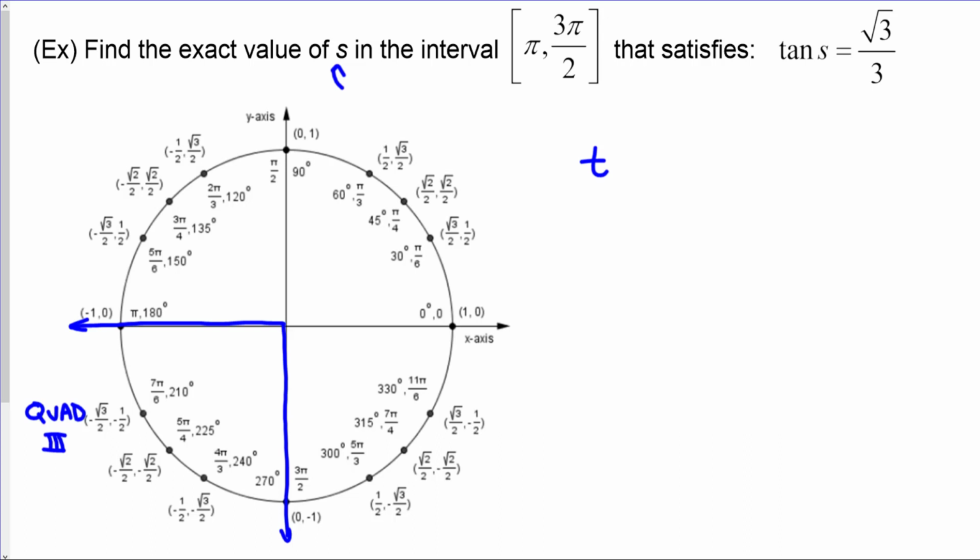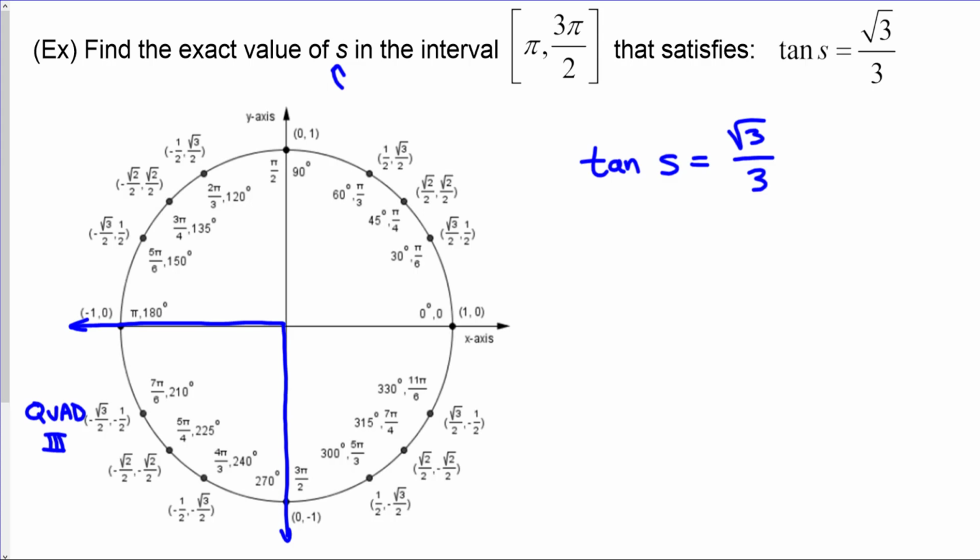So the tangent of s, we want it to be the square root of 3 over 3. If we look at the different values that we have, square root of 3 over 3 isn't any of them. The coordinate pairs that are given, the x and y coordinate pairs, only would give us values of sine and cosine separately, not tangent. We would have to figure out what the value of tangent is for each one.